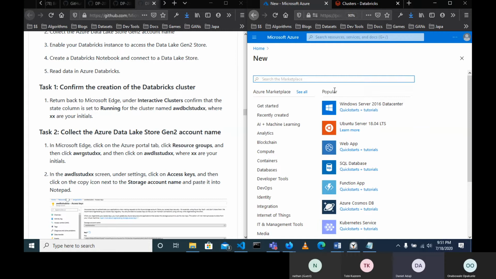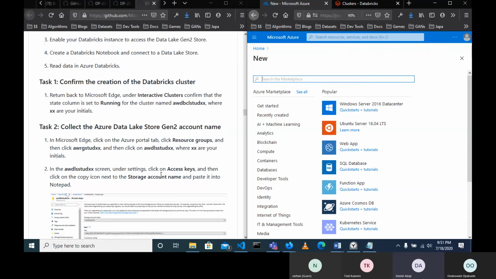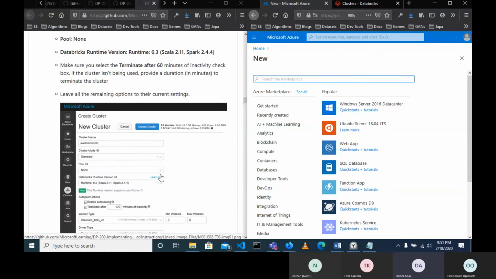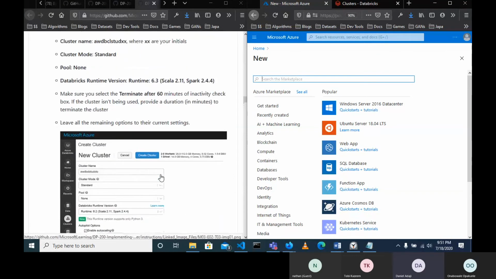If you look at task 2, exercise 2, task 2, if you look at the side pane, you won't have those details there.